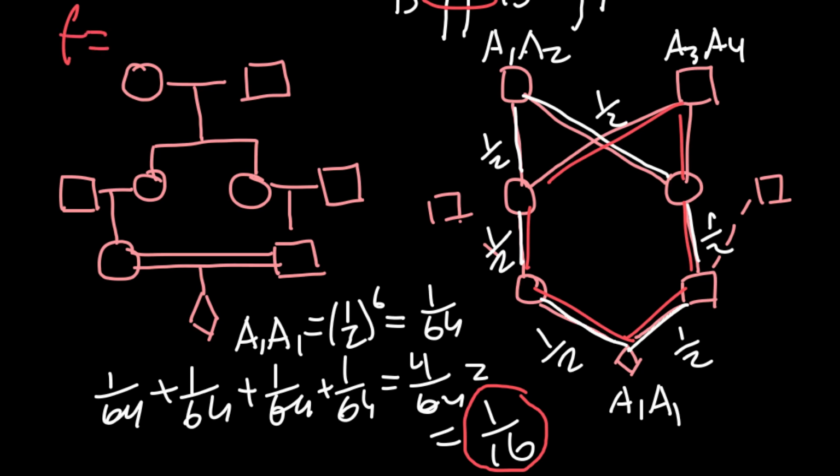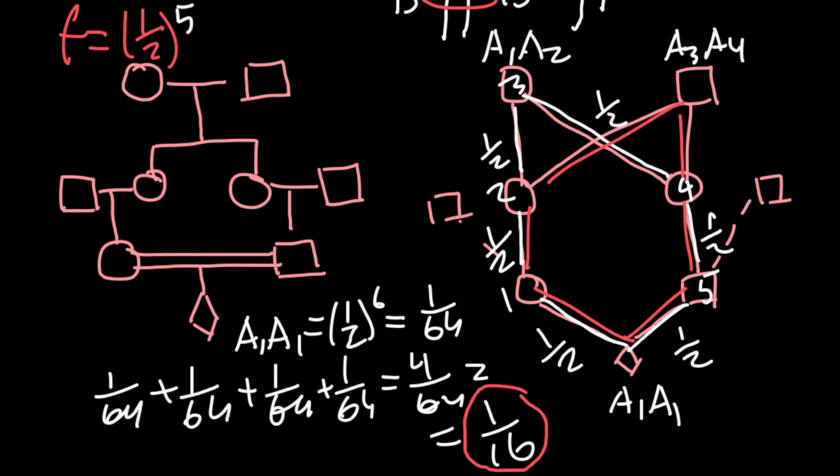And here's the formula: 1/2 raised to the number of nodes. Let's find the number of nodes in each ring. So in the white ring we would have 1, 2, 3, 4 and 5 nodes. So 1/2 raised to 5. And we also have another ring here, the red ring.